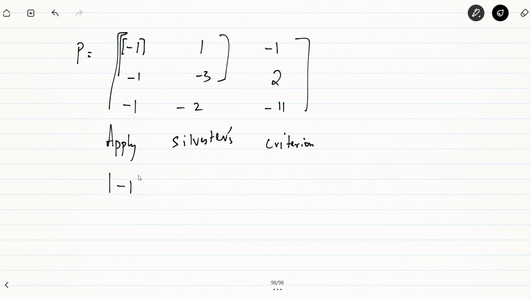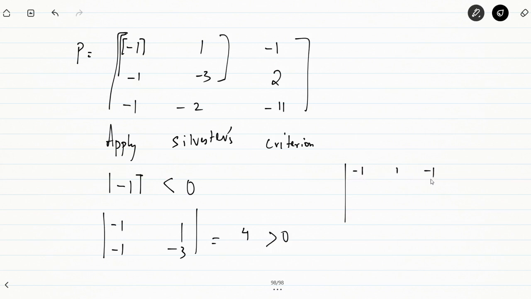In the first case, the matrix minus 1, the determinant of this is definitely less than 0. In the second case, minus 1, minus 1, 1, minus 3, this becomes 3 plus 1, that's 4, which is greater than 0. And the third case, minus 1, 1, minus 1, minus 1, minus 3, 2, minus 1, minus 2, minus 11.